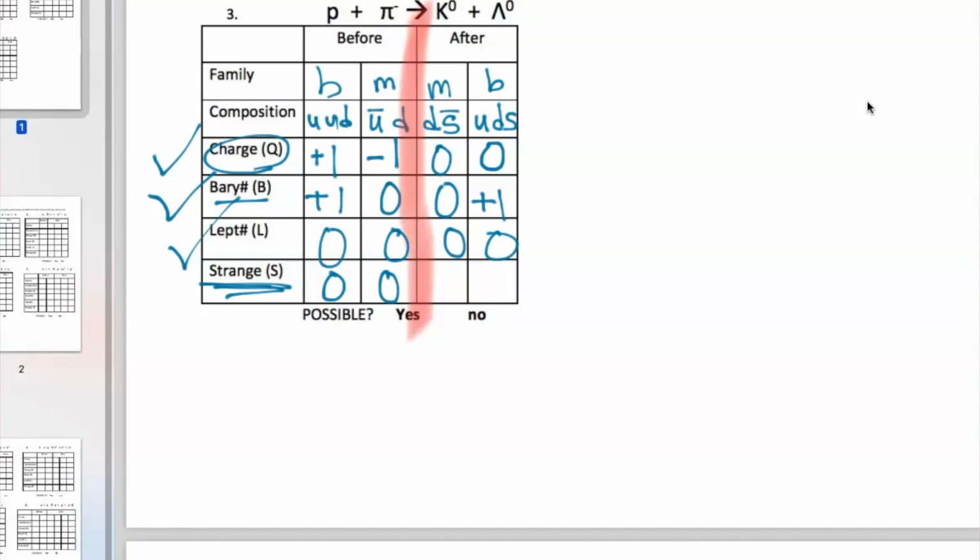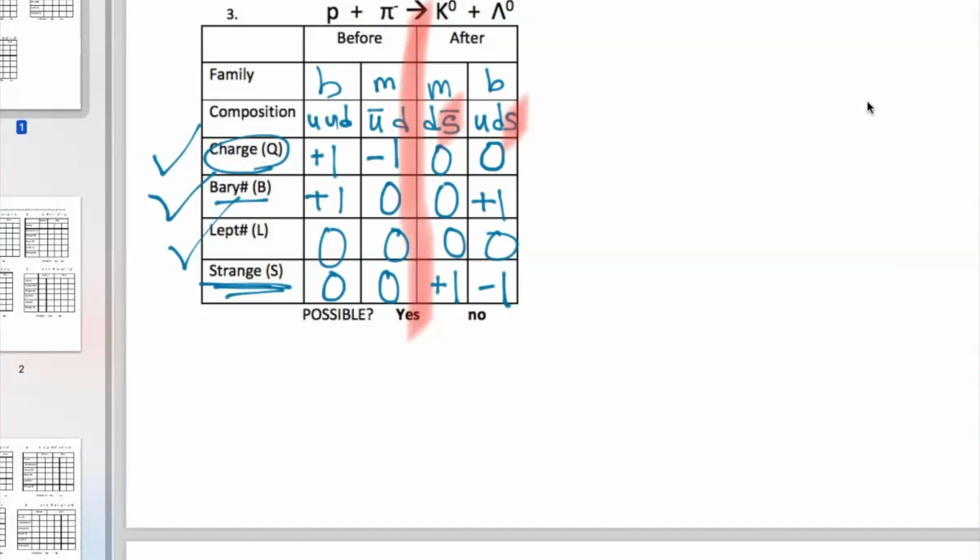All quarks have strangeness numbers of 0, except the strange quark that has a strangeness number of -1. So since this is a strange quark, not an anti-quark, it has a strangeness number of -1. Then the anti-strange quark has strangeness number of opposite of that, because again, it's an antiparticle. So that means it has a strangeness number of +1.